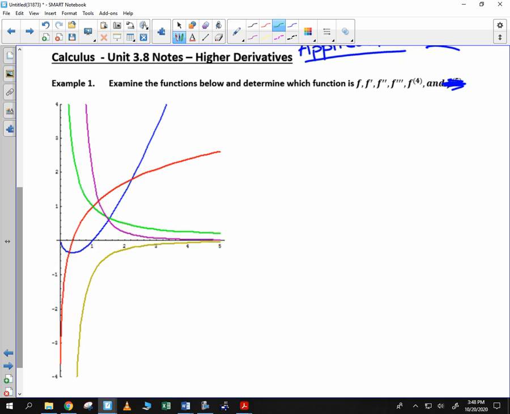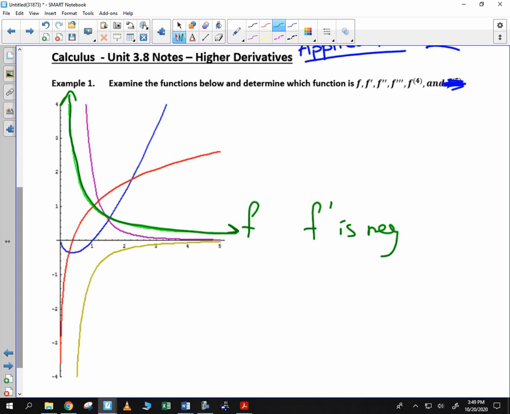But suppose you say, I think the green one is the original function. So let's say that's f. Then what would its derivative be? What do you know about the slope of f? The slope of f is always negative, so its graph would have to be below the x-axis the entire time.